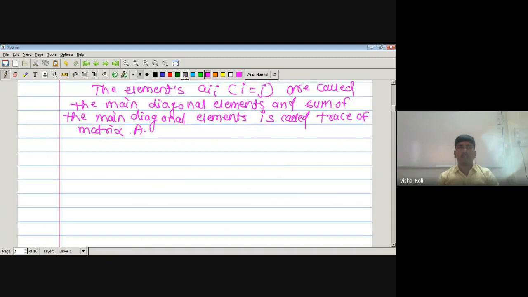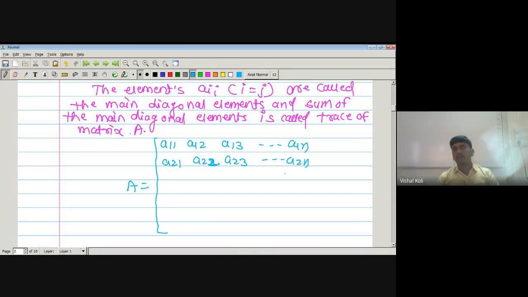That is, for example, suppose this is a matrix A equal to A11, A12, A13 up to A1n, A21, A22, A23, and up to A2n, and so on.